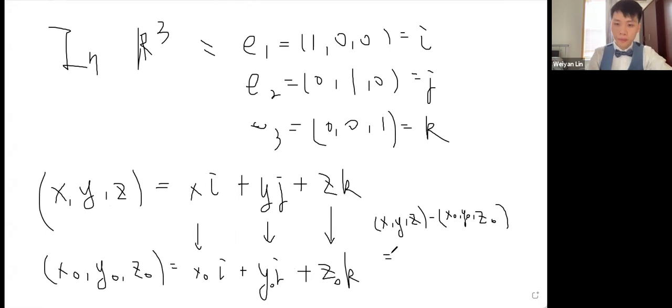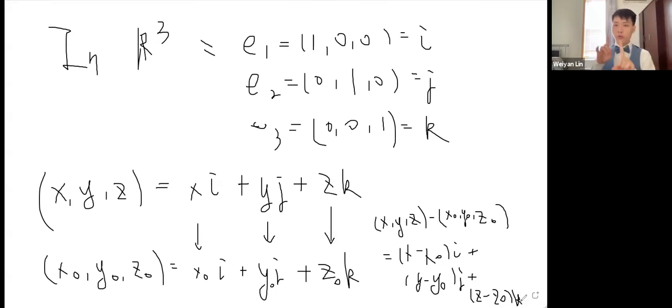So you have x minus x0 I, y minus y0 j, and z minus z0 k.